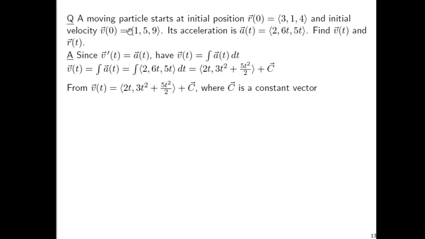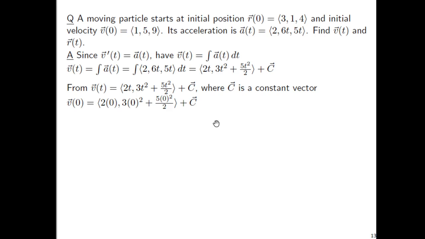Now, what vector is it? This is where knowing that at time t equals 0, the v vector function is supposed to output the vector ⟨1, 5, 9⟩ is going to be helpful. So let's go ahead and plug in t equals 0 here and set it equal to this vector ⟨1, 5, 9⟩.